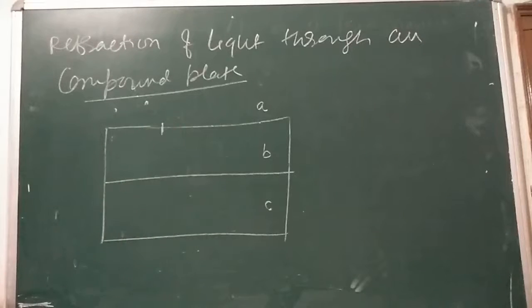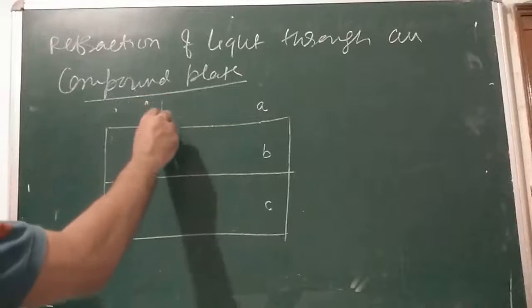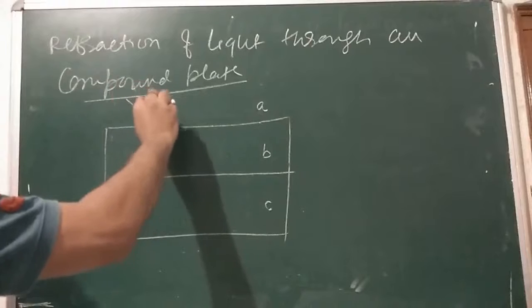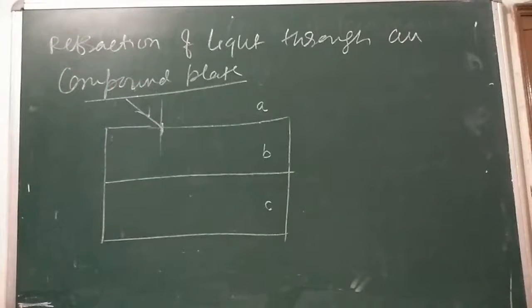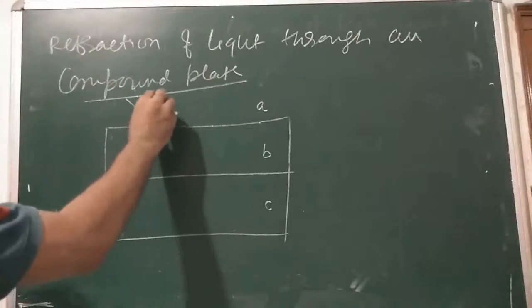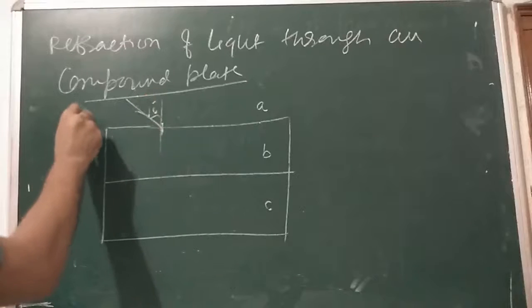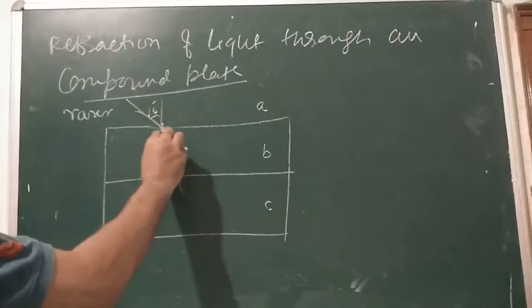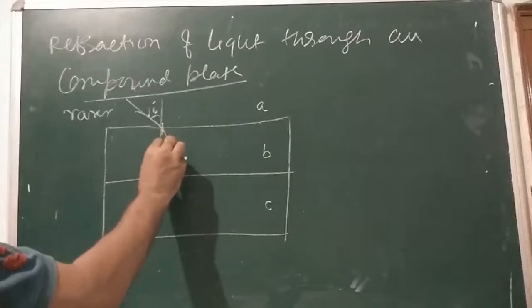Say the first point is A. A ray is coming in, incident at an angle of incidence I. The ray is coming from the rarer medium to the denser medium, bent towards the normal. Here is the angle I.